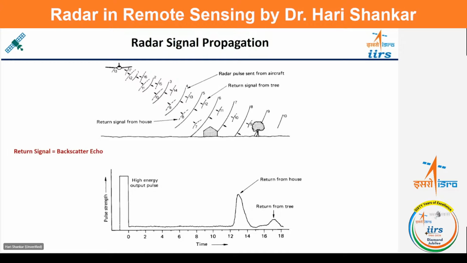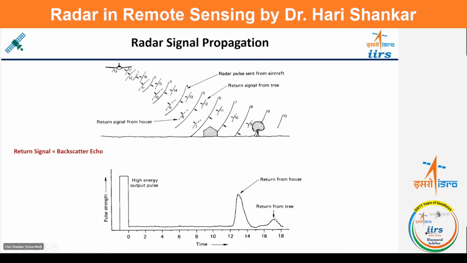So since they are reflecting the signal very strongly, the intensity of the backscatter signal is very, very high, because this structure is not going to change. But the same response from the tree, you can see, though the structure of the building and tree is almost, here it is looking similar, but the response from the tree is less or weak compared to the building.